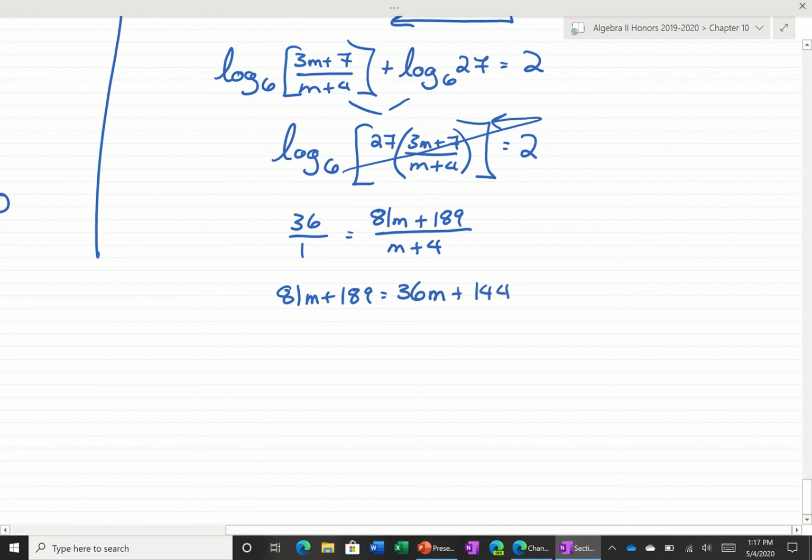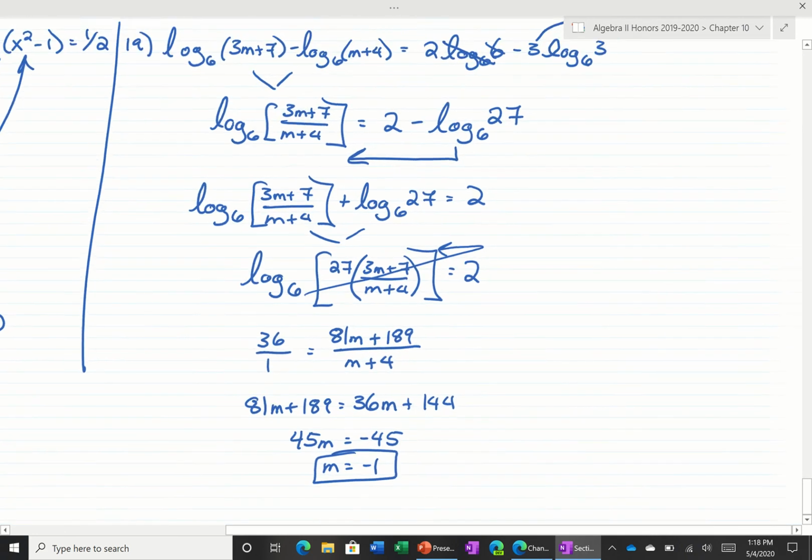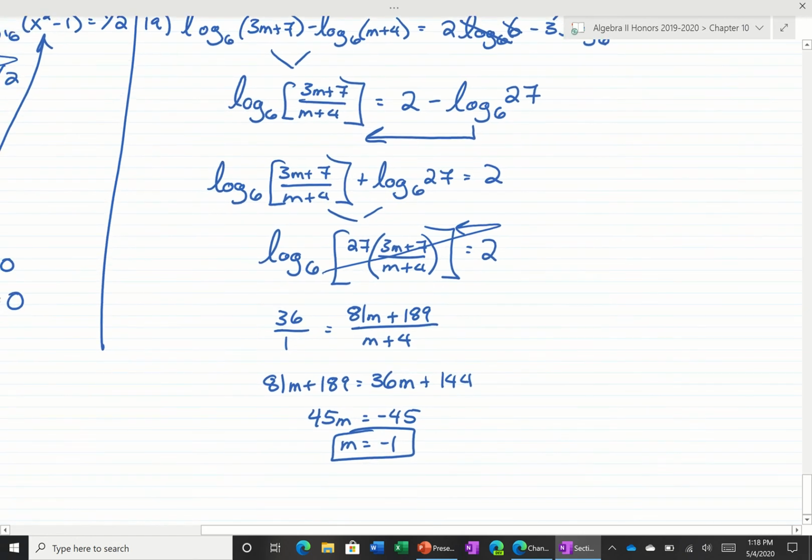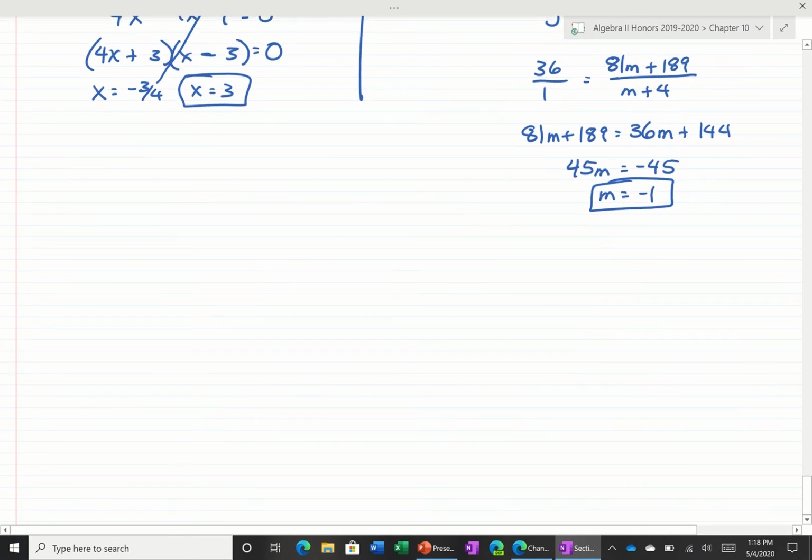Let's get m by itself, subtract 36 on both sides. And I'm getting m is equal to −1. Just looking at the original equation, if I plug it in, I don't get any negative arguments, so that's good.